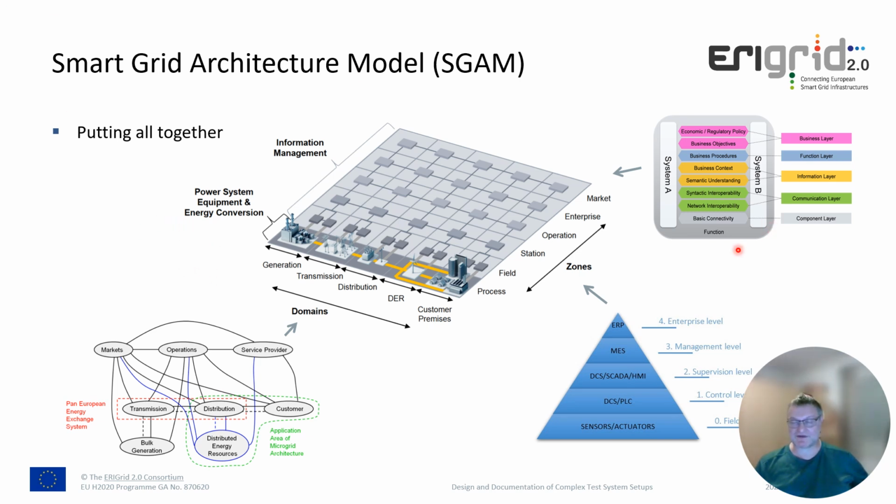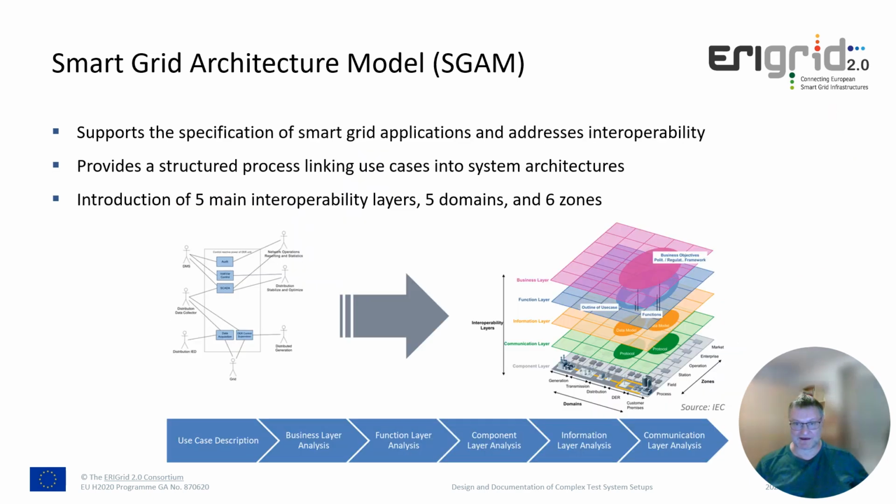When we put on top of this component layer all the other layers, then we come to the so-called smart grid architecture model. This is represented typically as a cube with these 3 axes: the domains, the zones, and the interoperability layers.